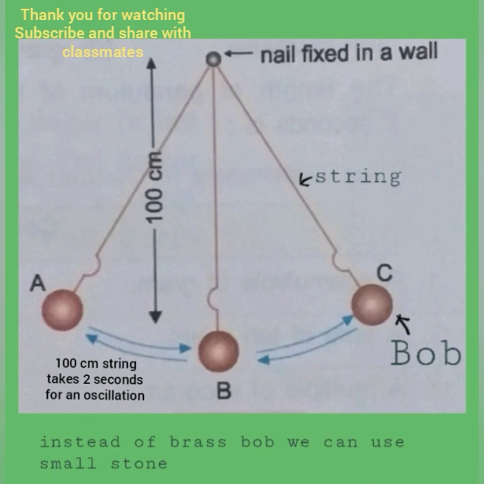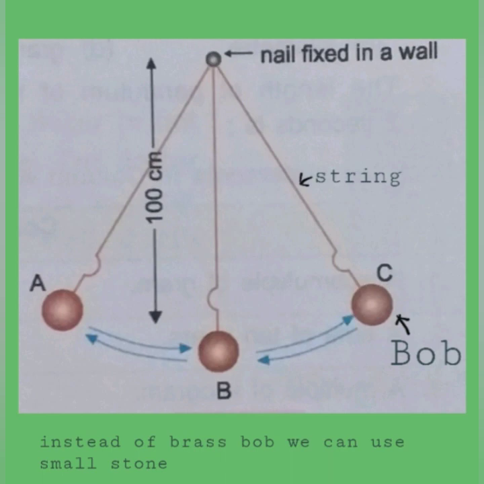So let us remember few points of pendulum. Number 1, a small weight suspended freely by a light thread such that it can swing freely is called pendulum. Number 2, the length between the point of suspension, that is from where it is hanging, and the center of the bob is called length of pendulum.